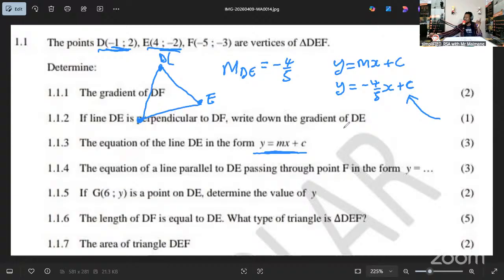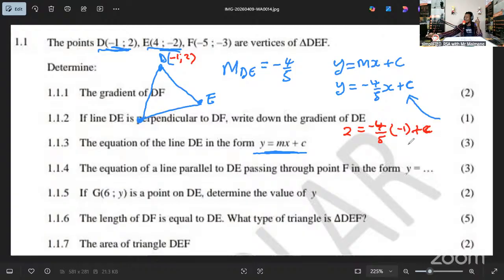Because I'm looking for the value of c, I'm deciding to use D, minus 1 and 2. So, where there's y, I'll put 2 is equals to minus 4 over 5, where there's x, I would put minus 1, plus c.